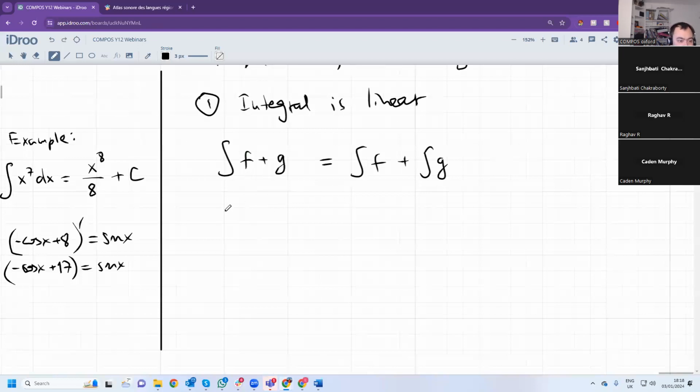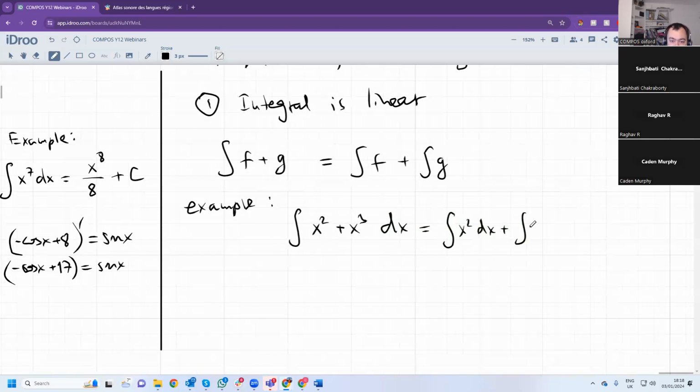How do we use this? Example: the integral of x squared plus x cubed dx is equal to the integral of x squared dx plus the integral of x cubed dx. This is an important property.